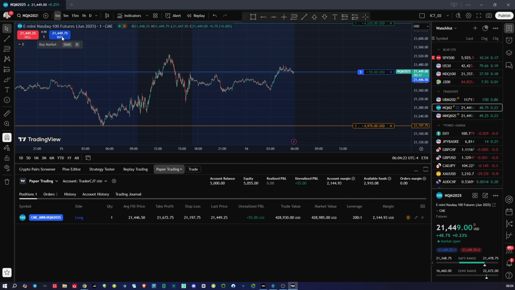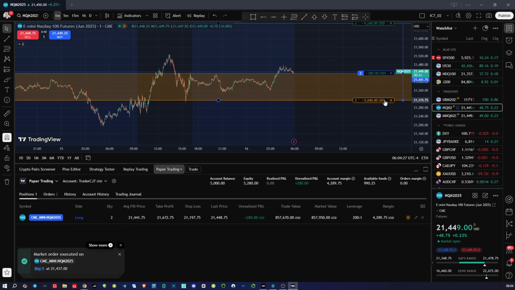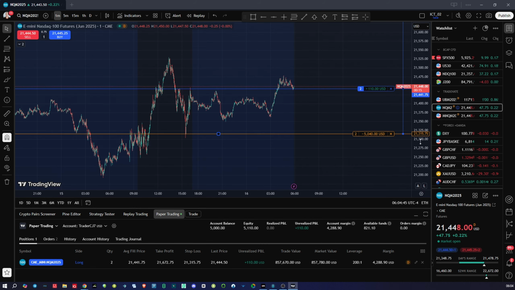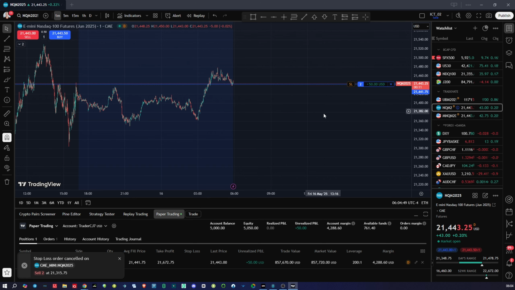If you buy another one here, that's $5,000 gone, and you can see the account margin. You can actually buy two contracts and you're going to lose your money here. That's over leveraging. Then we've got no stop loss, which is basically just removing this.